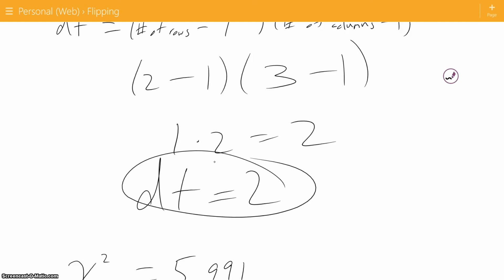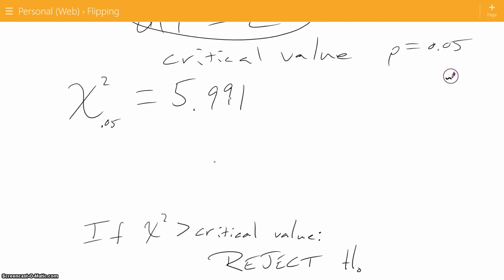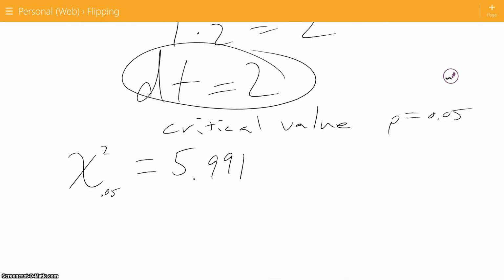Now we're going to take this 2 degrees of freedom, look on our table of chi-square distribution, and get a critical value. In this case, we're going to have a p-value here again. We're going to use p of 0.05. So we're going to look up a chi-squared of 0.05 on your table.